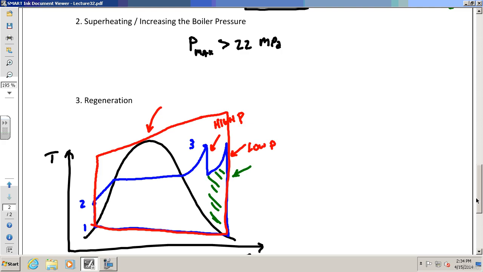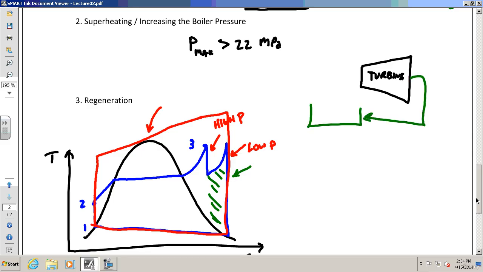When you have a turbine, so here's your turbine, and you've got stuff coming out of it, and you take it to your condenser. Okay, we're happy.